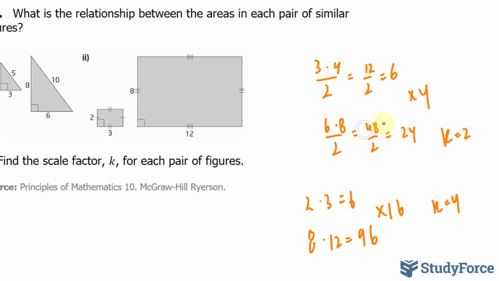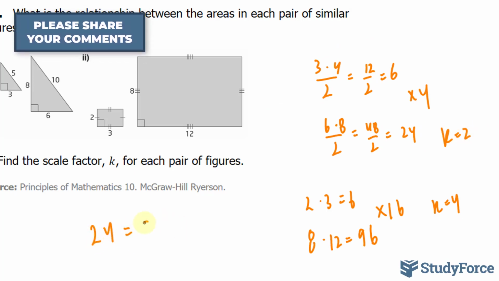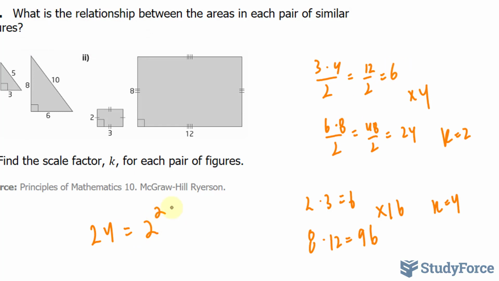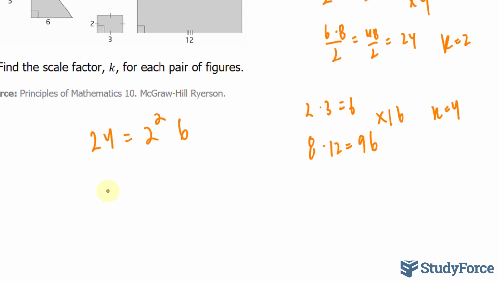The area of the large triangle was 24. If we take K, which happened to be 2, and we squared it, and multiplied it by the area of the small, we would end up with 24. And similarly, if we took 96 and squared K, which happened to be 4, then multiplied it by the area of the small, 6, we would end up with 16 times 6.